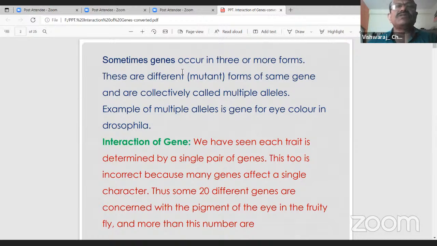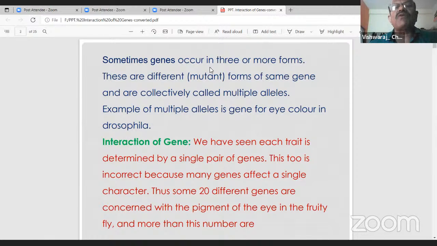Firstly, we have seen genes occur in two forms, or in a pair, suppose capital T. One character is determined by one pair of genes, and each gene is received one from the mother and one from the father, or one from male and one from female.